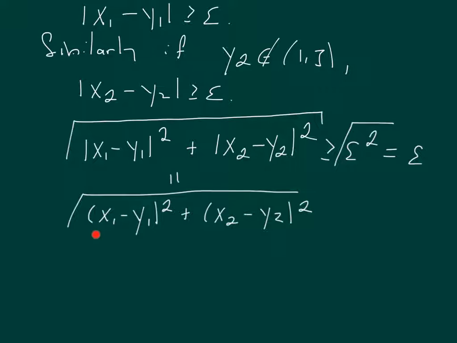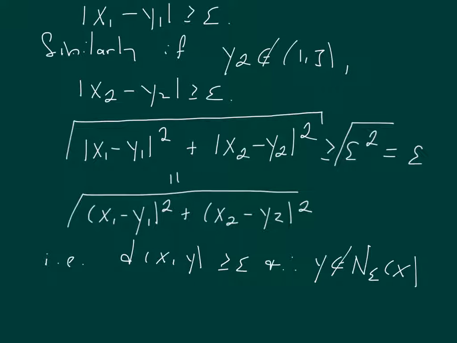In other words, the formula for the distance between x and y. In other words, this is true: the distance from x to y is greater than or equal to epsilon, and that means that y is not in the epsilon neighborhood about x, as needed.